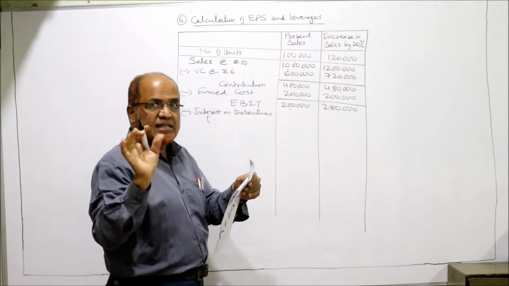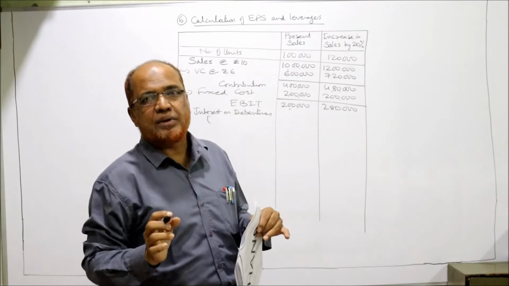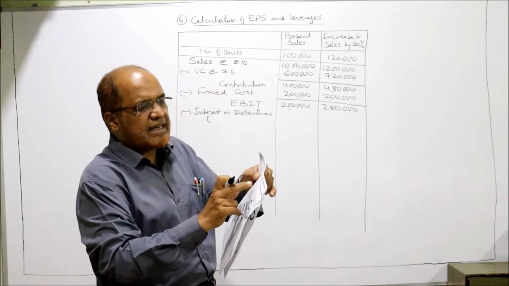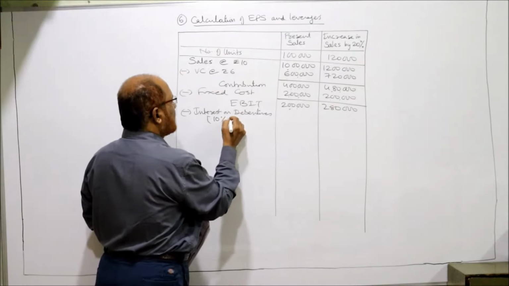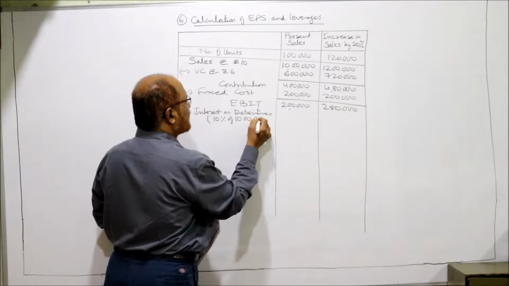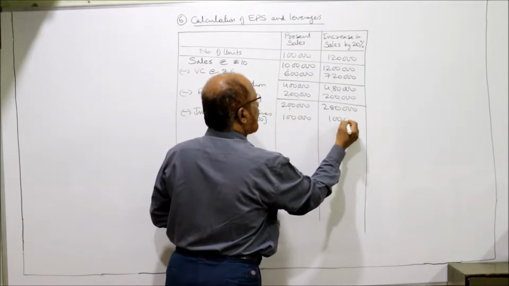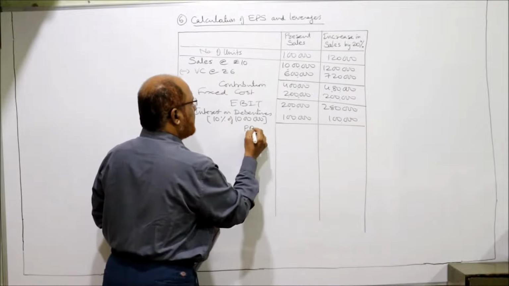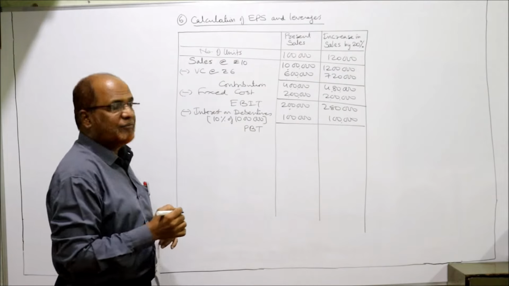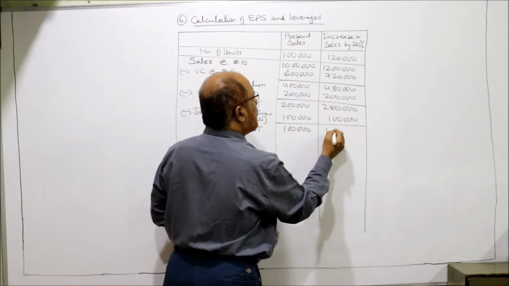In the first line it is given the company is having 10 lakh rupees equity capital and 10 lakh rupees debentures, and debentures will carry 10% rate of interest. So 10% of 10 lakhs, you will get 1 lakh. This is called PBT, profit before tax. So 2 lakh minus 1 lakh is 1 lakh.